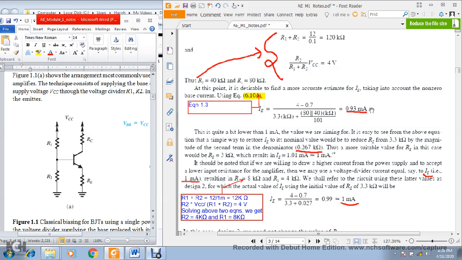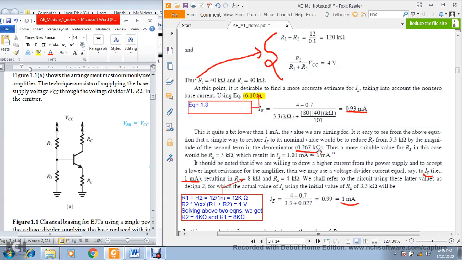So what is the solution? How do you make this IE become 1 milliamp? In order to increase this IE, you need to decrease the value of the denominator. Decreasing here increases the IE. So how are you going to decrease it? See the second term in the denominator, the value of this is equal to 0.267 kilo ohm.